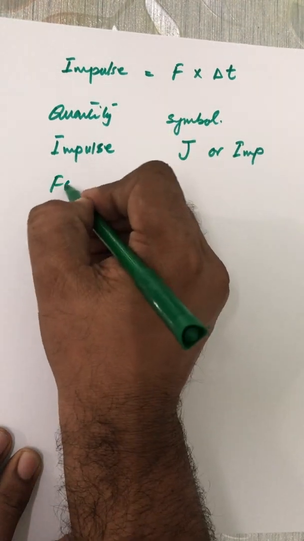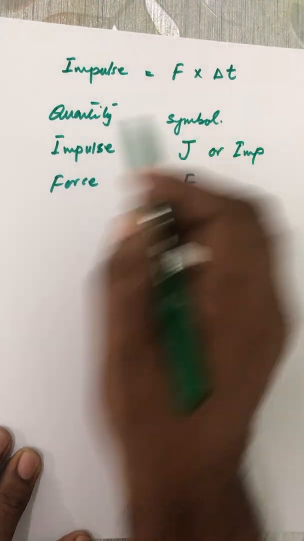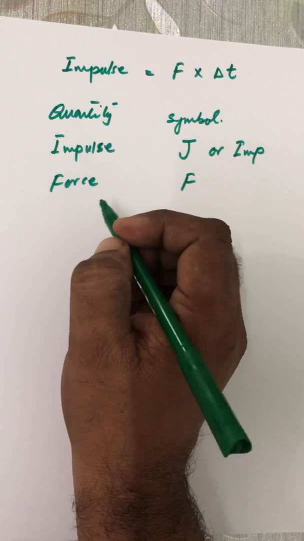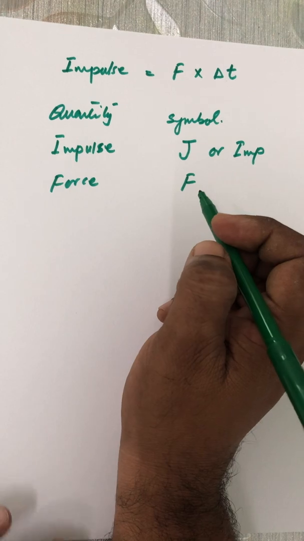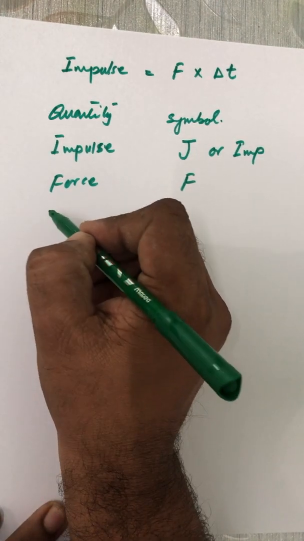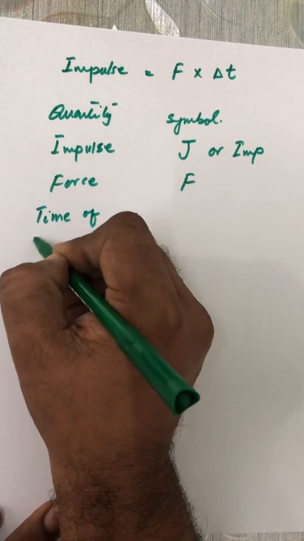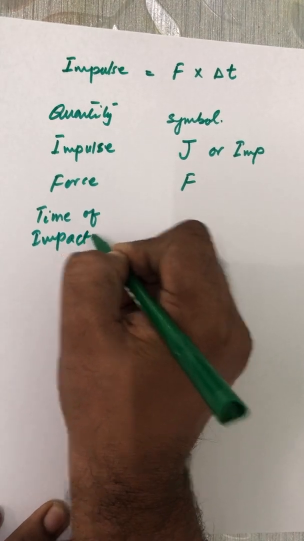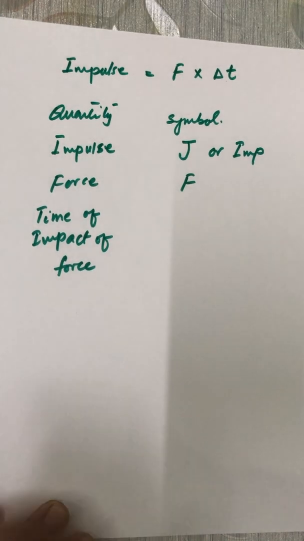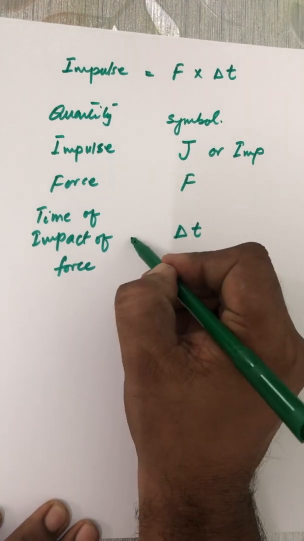Then F stands for force, and delta T is the time for which our force is acting. It's called the time of impact of force, delta T or simply T.